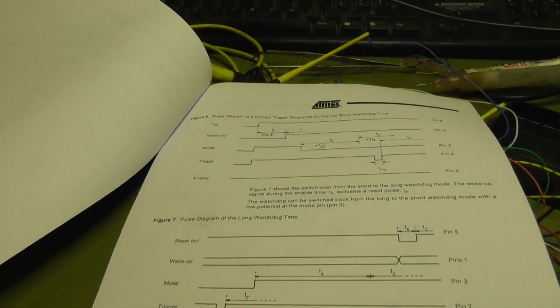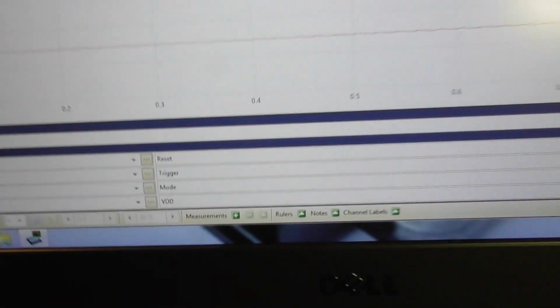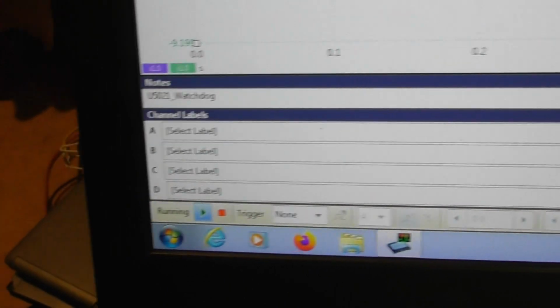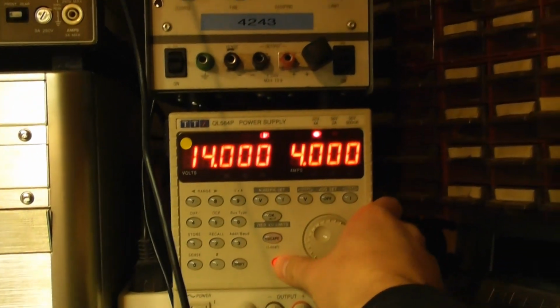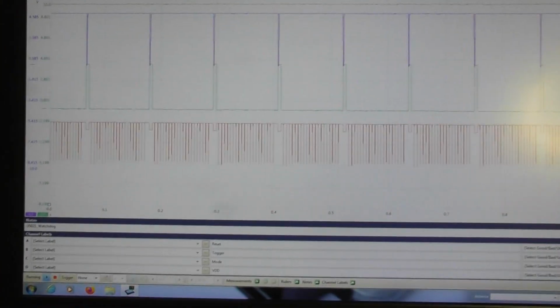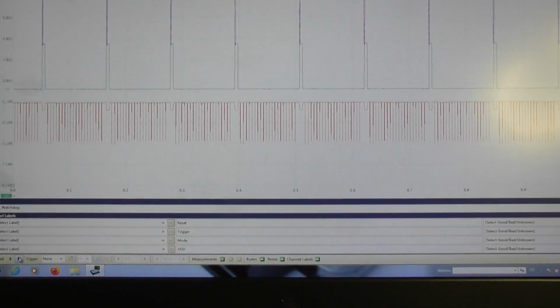Let's do this. Okay, the picoscope is set up, 4 channels, 0 to 10 volts. Here are the channel names. Let's fire up. We can see something. Pause it.